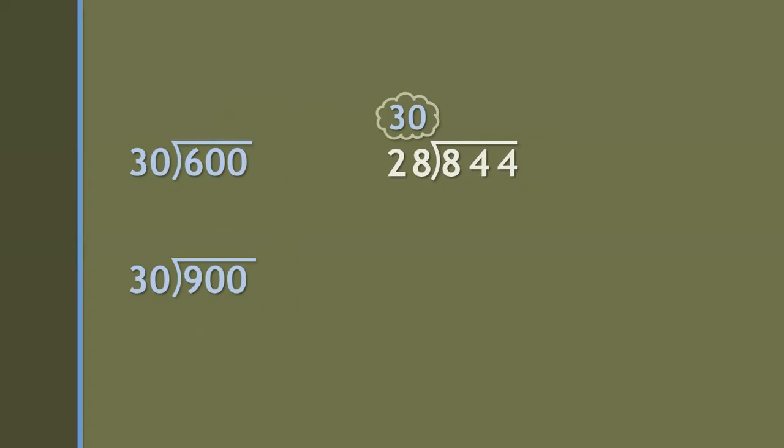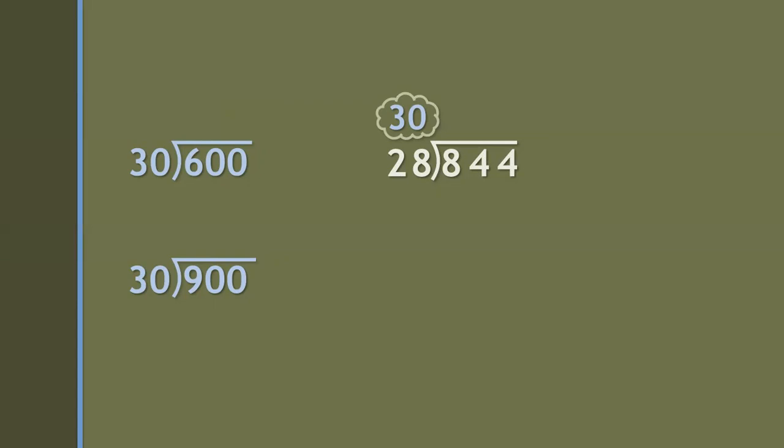So 600 or 900. And so multiples of 10 is not an exact science. It's a guess. We're guesstimating. We're estimating. So we're picking numbers that are close to our divisor, the multiple of 10, whether it's 30 or 10 or 50. You want a dividend that it can go into evenly. So let's look over here on the left. We have 600 divided by 30.